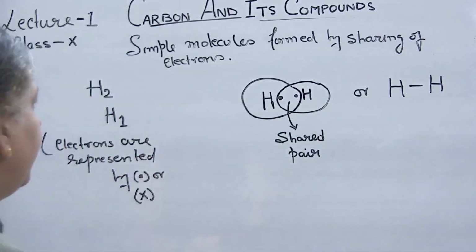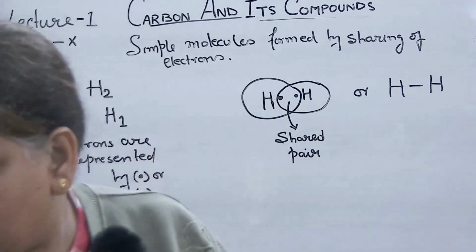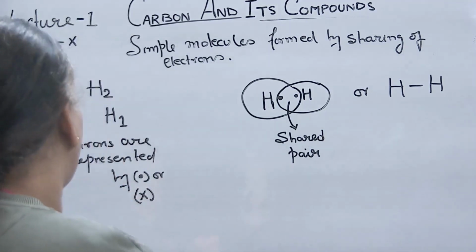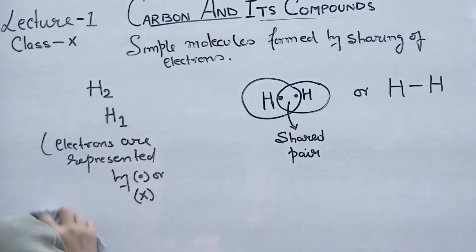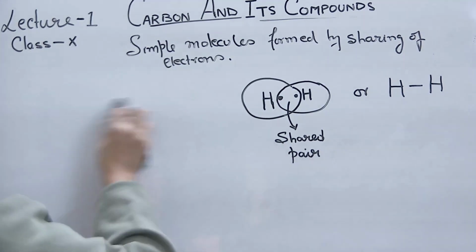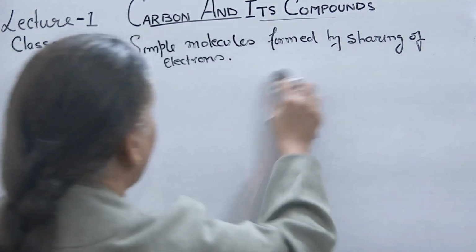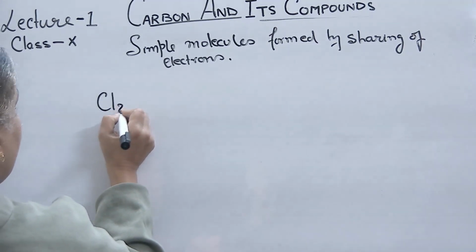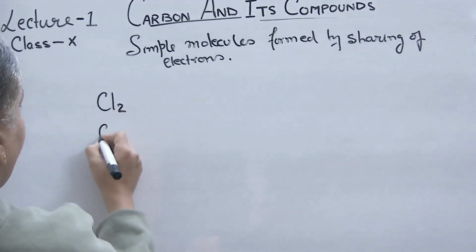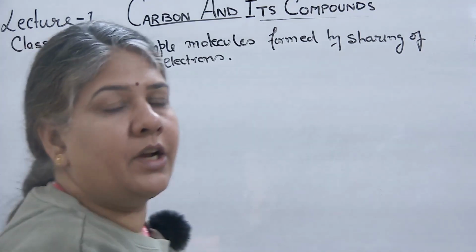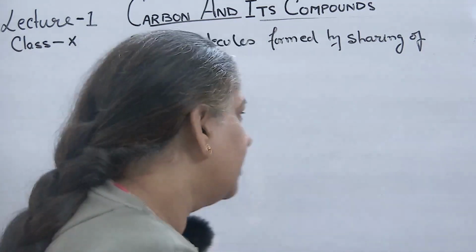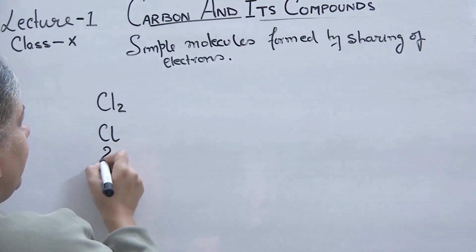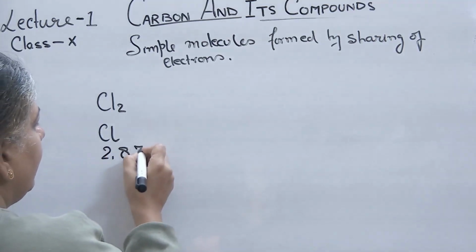Okay, now let's see another molecule, that is chlorine, Cl2. Chlorine has the electronic configuration 2, 8, 7.